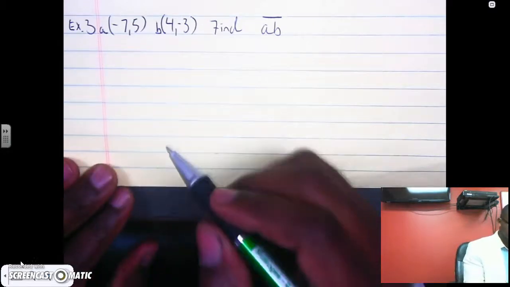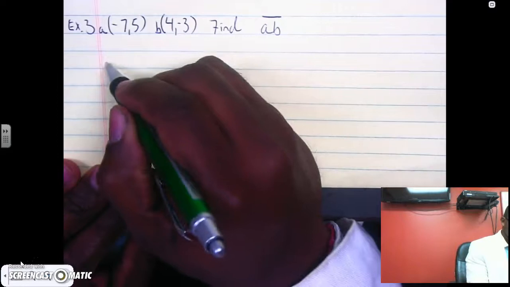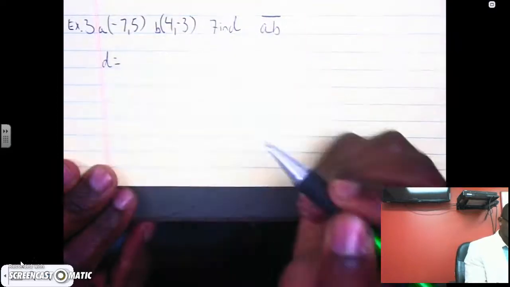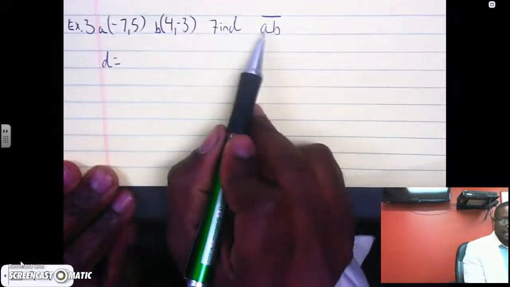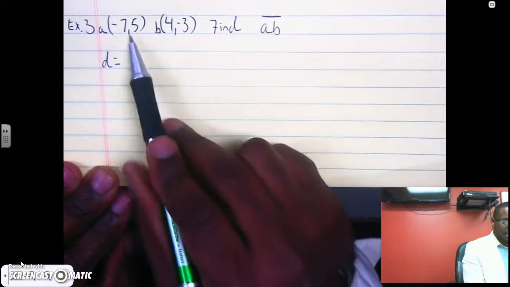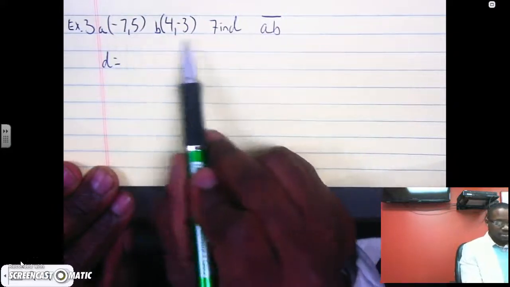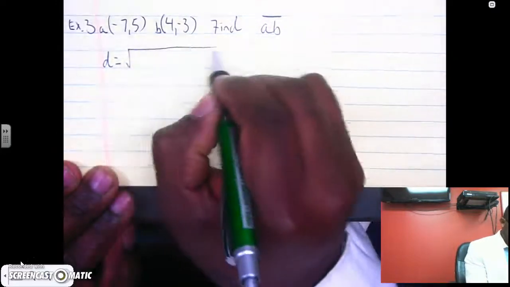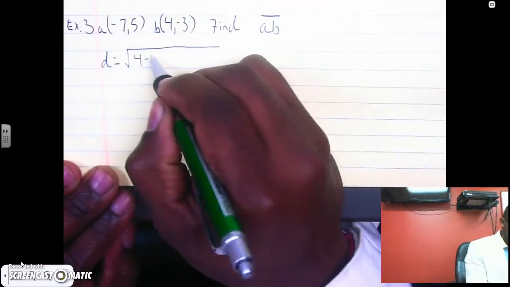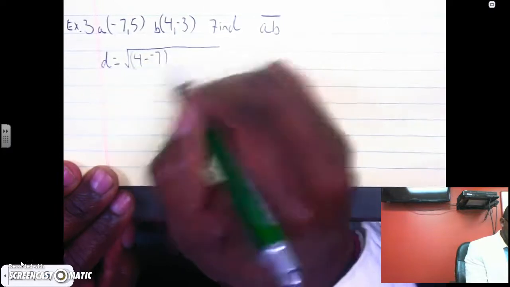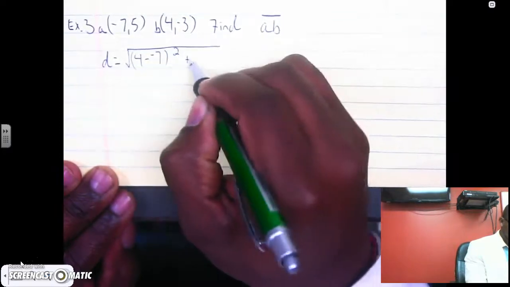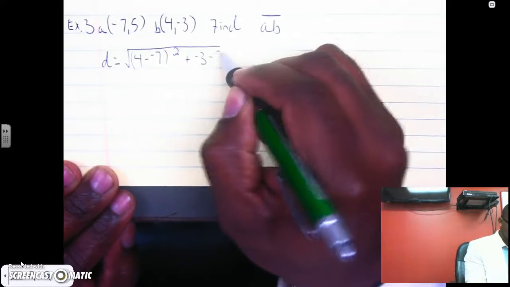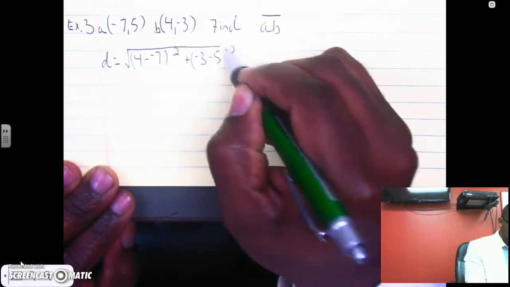Okay, so let's do the distance first. Why? Because I can. It tells me to find segment AB. I don't have to actually find the midpoint on here, but I probably will just for practice. The distance would be the square root of 4 minus -7, squared, plus -3 minus 5, squared.